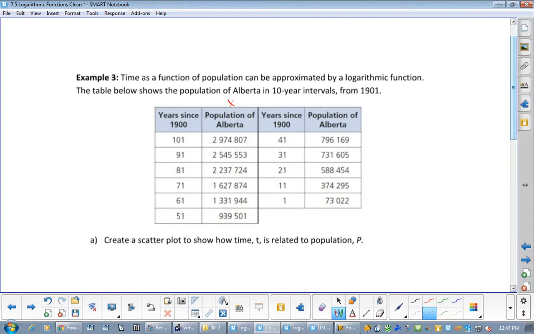But this is X and this is Y. Yeah, and time's supposed to be X.